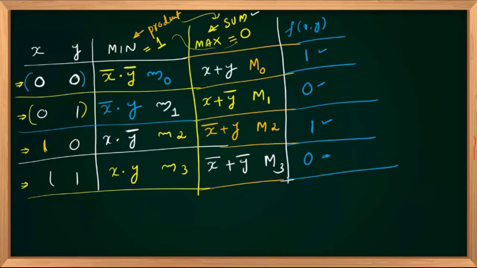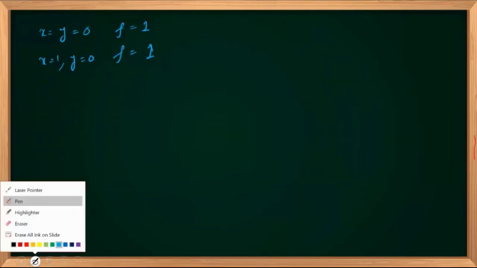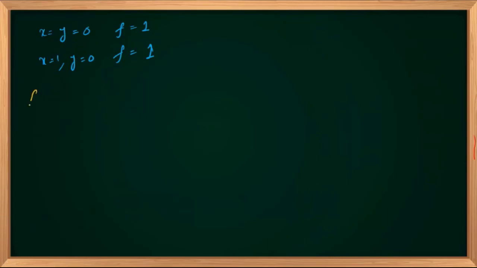So how do we write it logically? F of x, y, please listen carefully. The function equals 1 if x equals 0 and y equals 0. If x and y are zeros, I get logic 1 for the function. That is the first case.